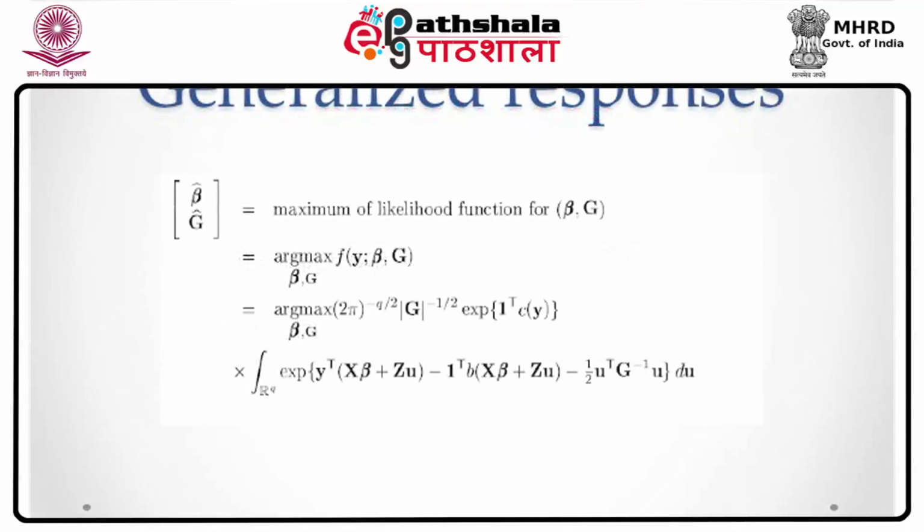For estimation in this case, we first need to estimate the fixed parameters beta hat and G hat. As before, we can use the principle of maximum likelihood estimation. However, if we work through the mathematics, the expression for the likelihood is as given on this slide, and we see that it is not as simple as in the linear case because we now have an intractable integral as part of the likelihood.